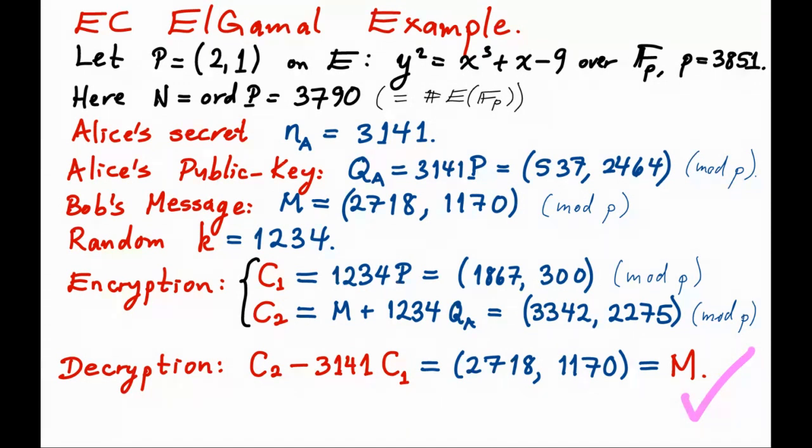Let me try to explain what I mean by that. Let's say the x coordinates of points on your elliptic curve consist of 100 bits, so your prime p is more than 2^100. But you only want to send 90 bits of information at a time.